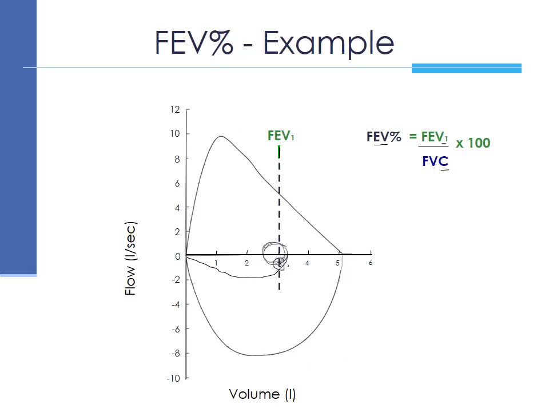So if we plug that into our equation, we have 3, because that's our FEV1, divided by 5, which is our forced vital capacity. So our FEV percentage is 60%. This is below the 80%, which means that this could be indicative of a pathological condition within this patient. So it indicates a problem.